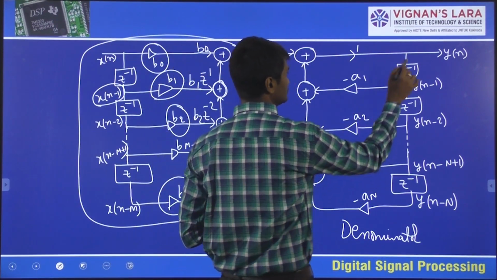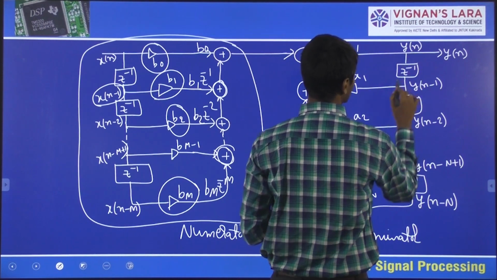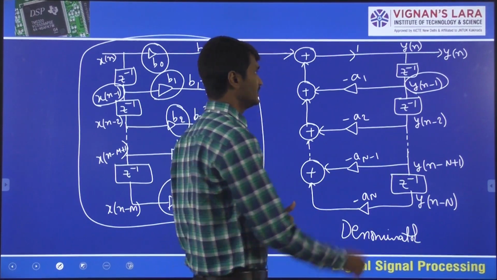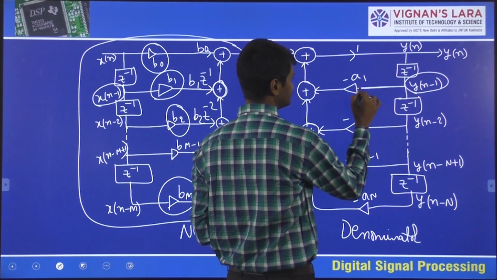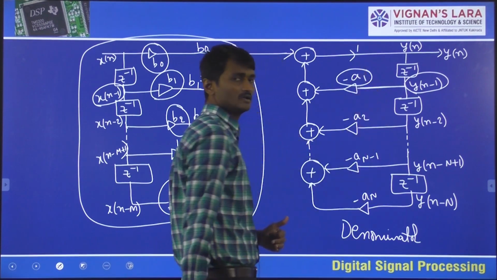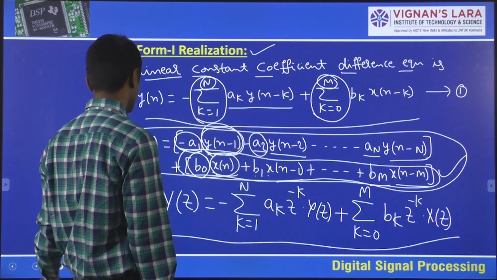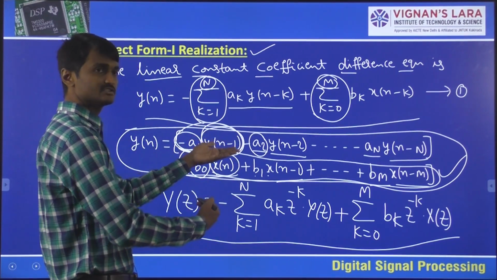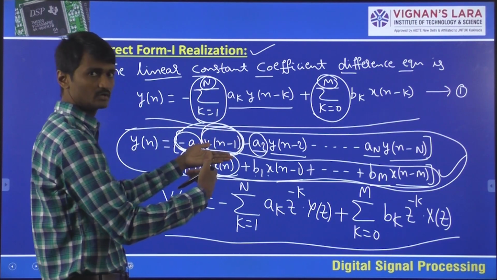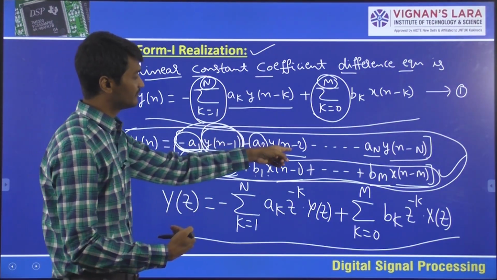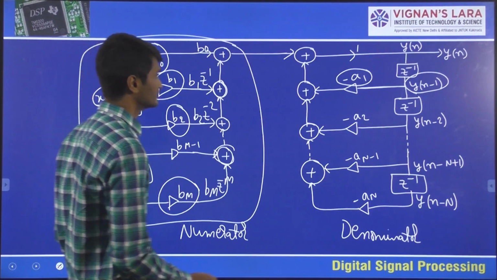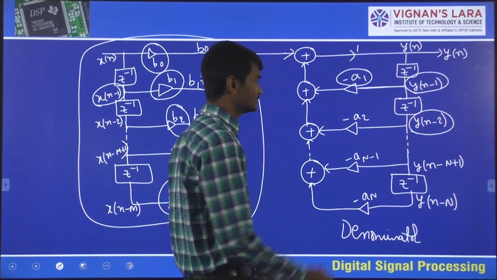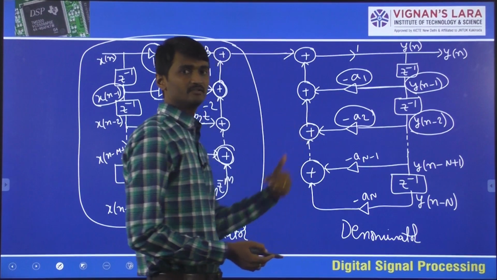Coming to that first one, here y of n is there, so y of n is passing through one delay element, it will become y of n minus 1, okay. Next it is passing through this one, so minus a1 y of n minus 1. If you observe this one, minus a1 into y of n minus 1. So like that, y of n minus 1 is passed through one more delay element, so that it will become y of n minus 2, and it is multiplied with minus a2.